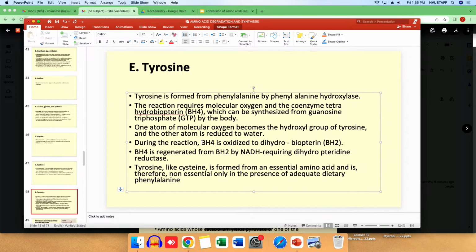Tetrahydrobiopterin is derived from dihydrobiopterin, right? Dihydrobiopterin. What do we need during this process? How can we get tetra from dihydro? First of all, NADPH is required, and the enzyme called dihydropteridine reductase.